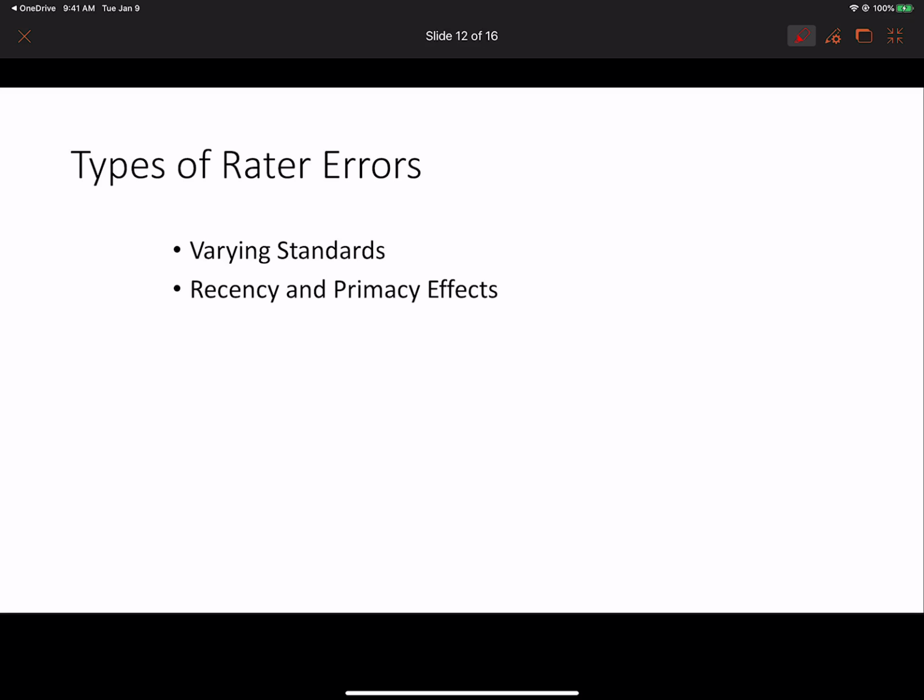Recency is taking just the most recent information that you have and basing your appraisal on that. A person could have had a good year, but in the last month they've had difficulties. Well, if you go by the recency error, you're only going to look at that 1 month. You're not going to take a look at the past 11 months where that person has been performing.